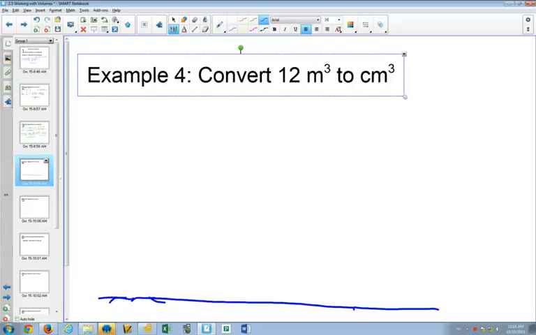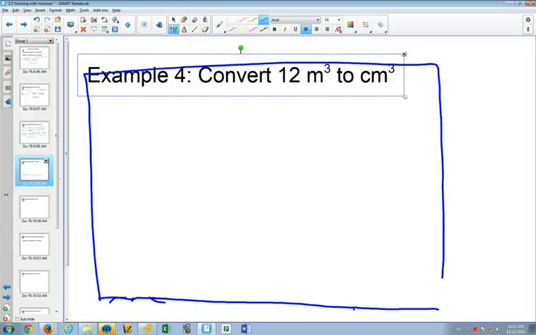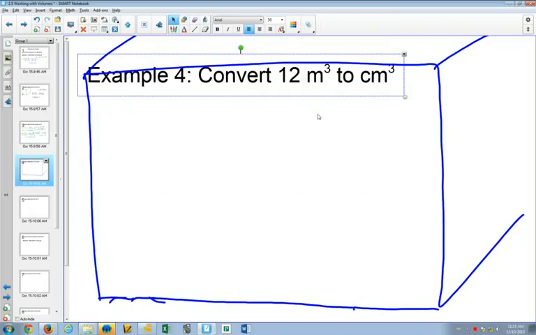Okay, so if I wanted to make a meter cubed, wow. That's huge. 1 meter cubed is huge. How many centimeters are there in a meter? There's not 21 centimeters in a meter. There's 100.